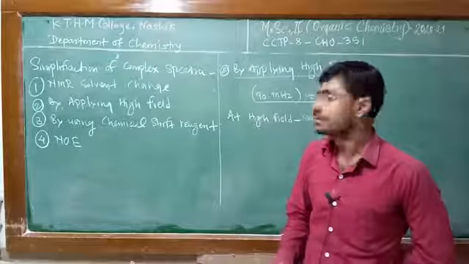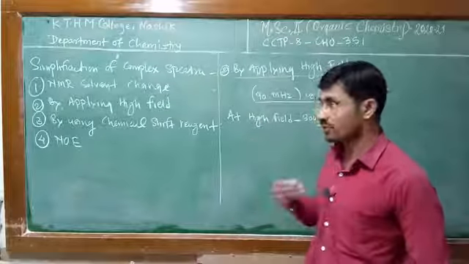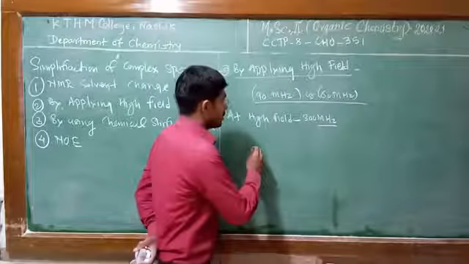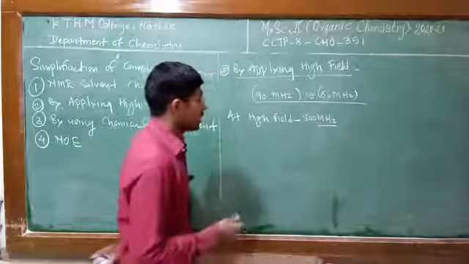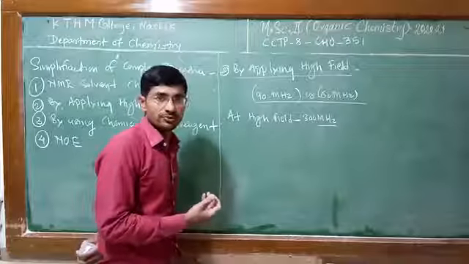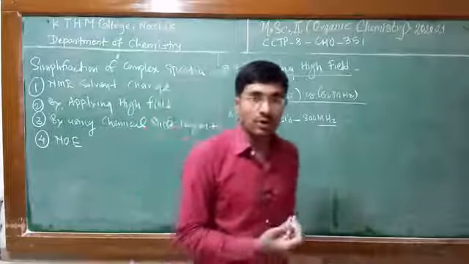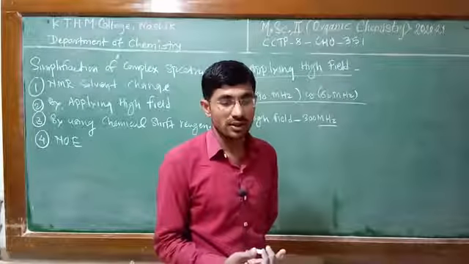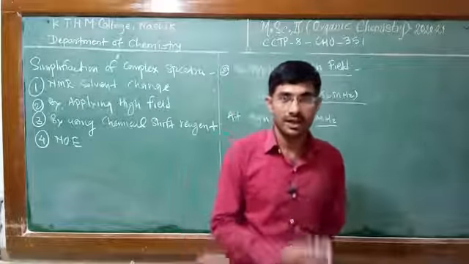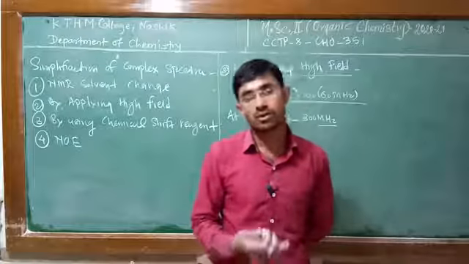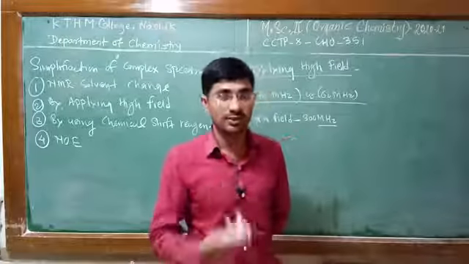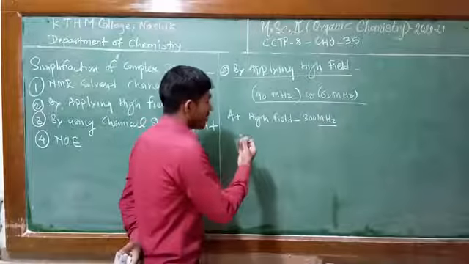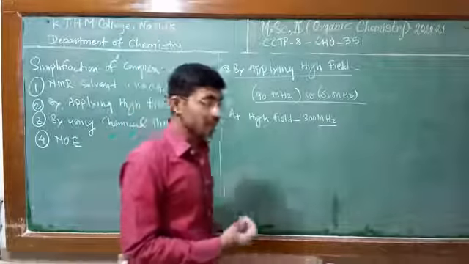In this case, because of the high field NMR spectrometer, the chemical shift value of the observed proton in ppm does not increase, but in hertz it goes on increasing. So our multiplets are clearly separated here.